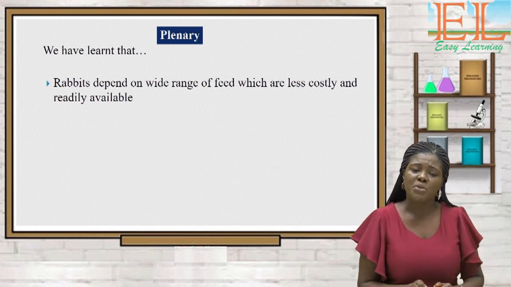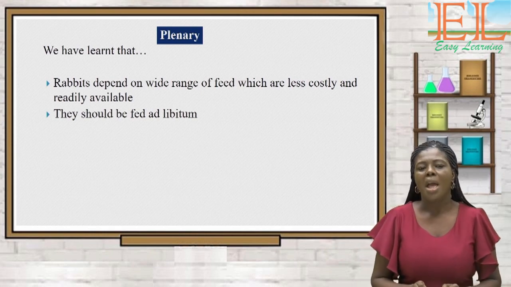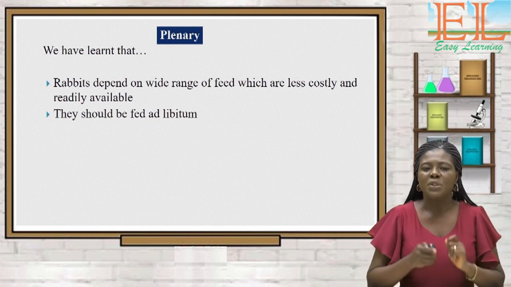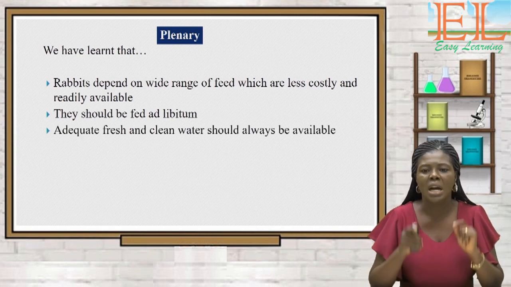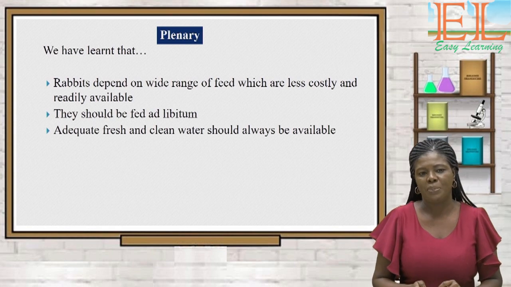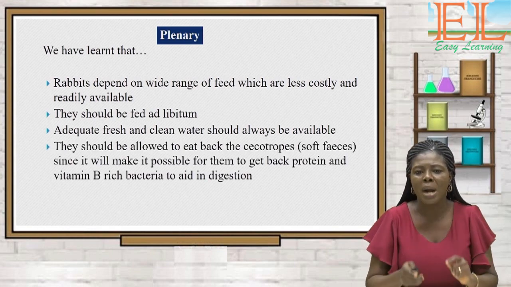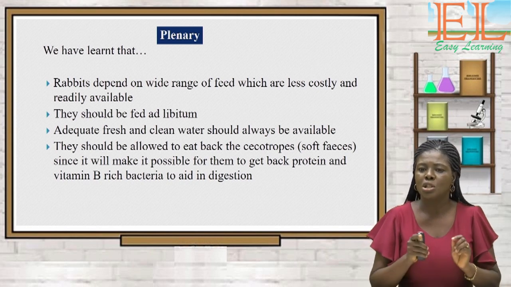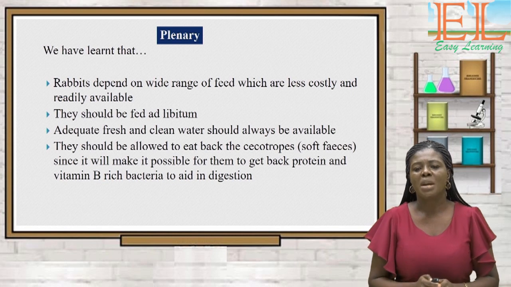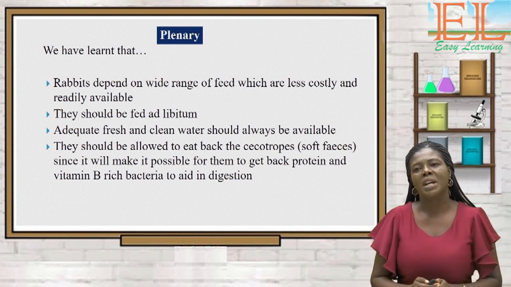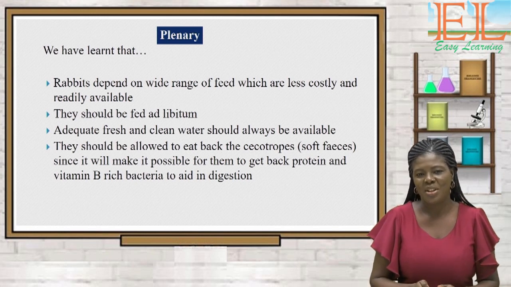We've also come to realize that they should be fed ad libitum, and also adequate fresh and clean water should always be available for them to drink. Finally, they should be allowed to eat back the cecotrophs, that's the soft feces, since it will make it possible for them to get back protein and vitamin B rich bacteria to aid in digestion.